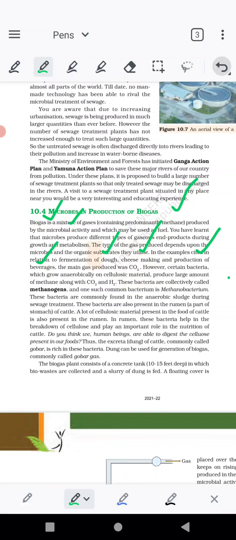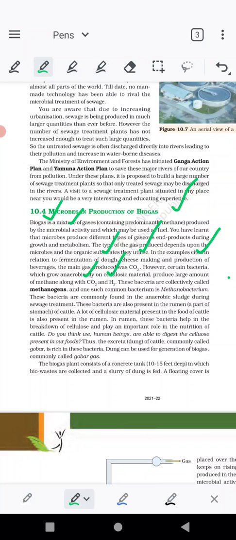So microorganisms produce many gases, and in these examples it was CO2. However, when the substrate is cellulosic material, some anaerobic bacteria are able to produce methane gas along with CO2 and hydrogen.